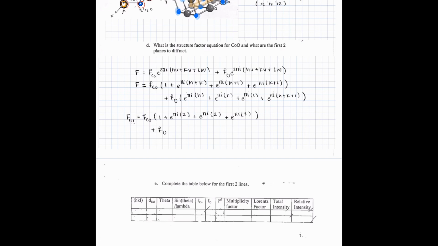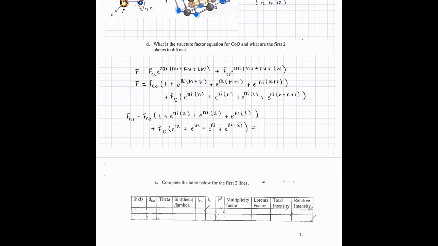Same thing for oxygen. We have e to the pi i times 1, plus e to the pi i times another 1, plus another e to the pi i, plus e to the pi i times (1 plus 1 plus 1), or 3. I'm going to go ahead and simplify this by saying any multiple that is odd is going to yield e to the pi i as negative 1.